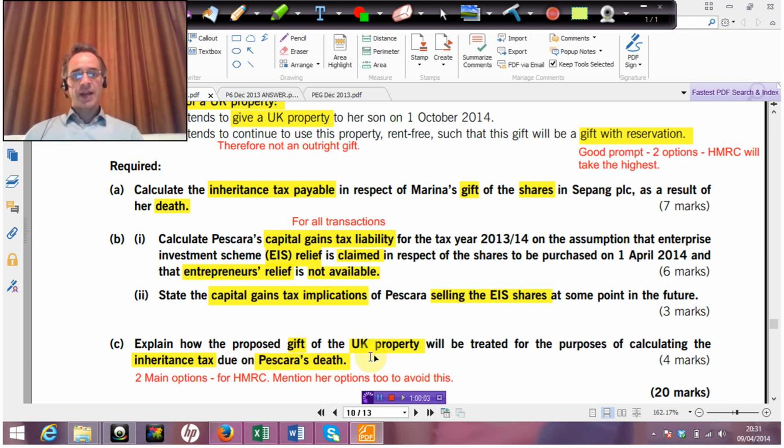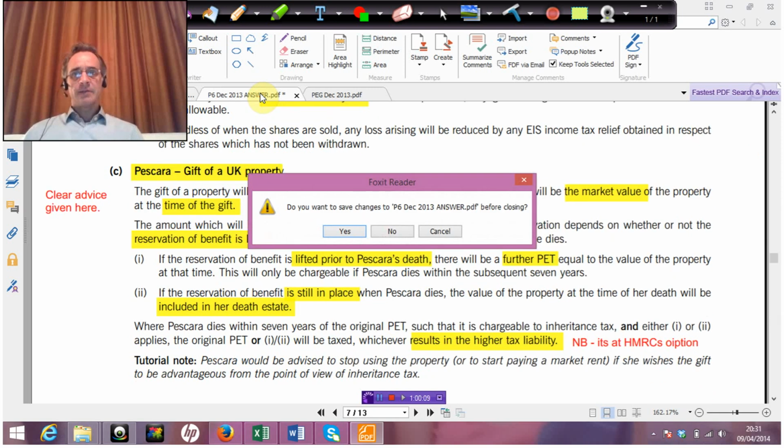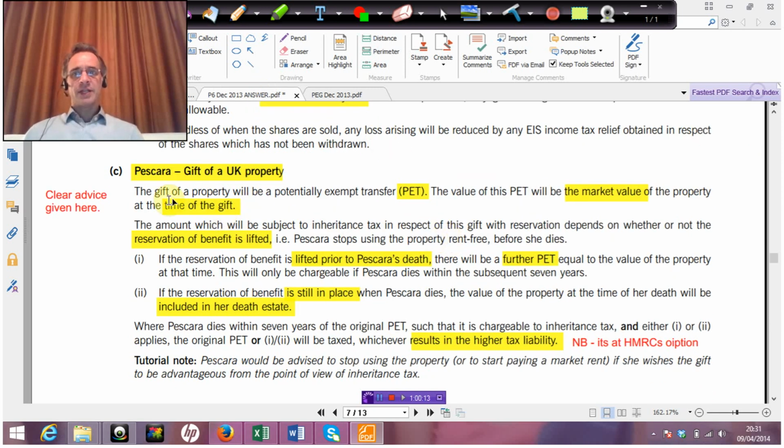But we need to be very clear on what those options are. Now this part C answer does a little bit of what I've discussed with you before. It tries to get the easy marks. It does deal with the more tricky bits, but it does get the easy marks.